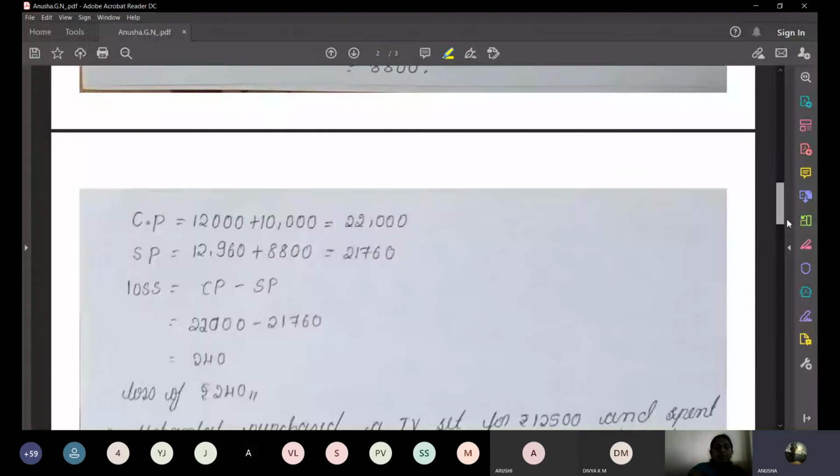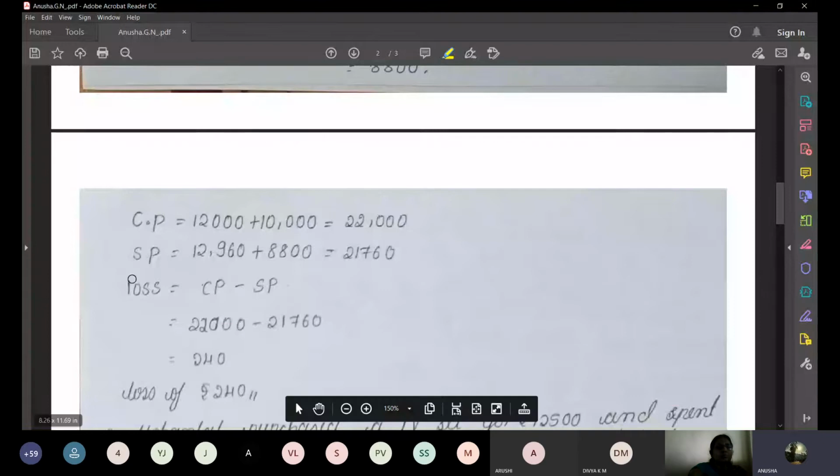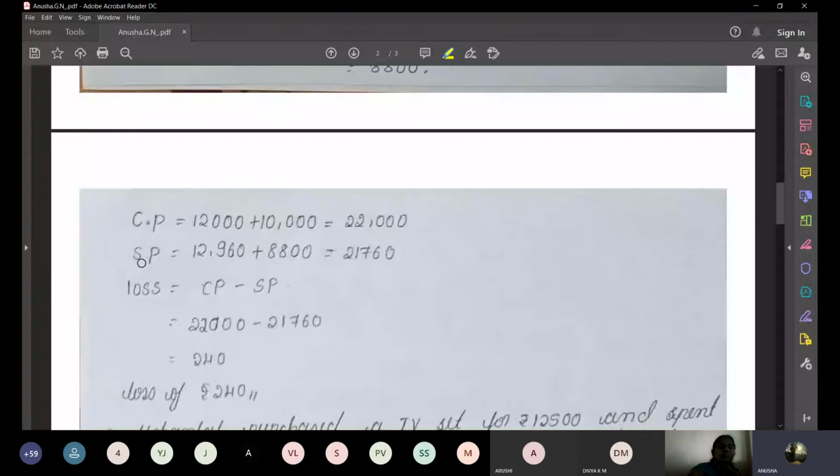So the total amount she invested to purchase both things is 22,000, and by selling those two things she will get 21,760 rupees. Then it will be a loss for her, so we subtract the selling price from the cost price. She will lose 240 rupees.